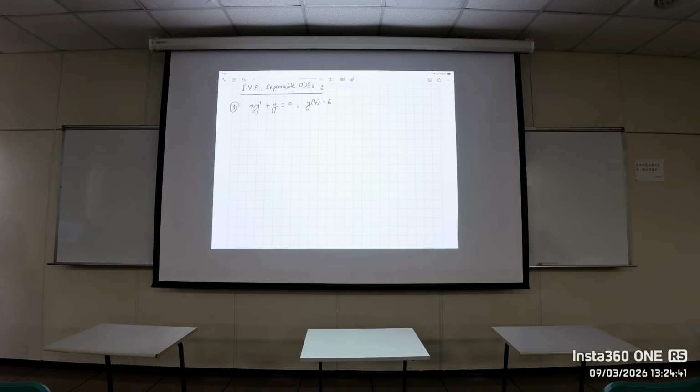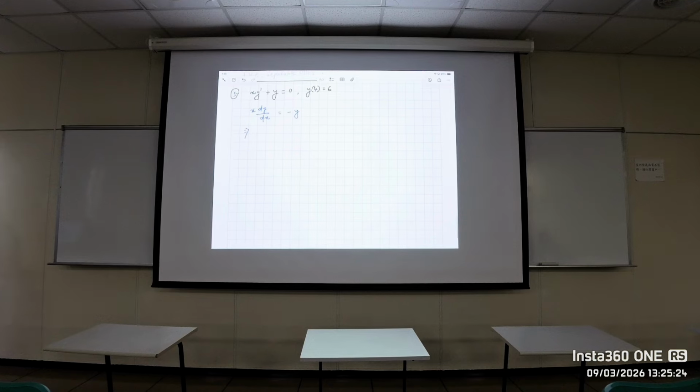So how should we proceed to solve for the general solution? We proceed with x dy by dx is equal to minus y. This is the ODE, right? So what we need to do is apply the separable method. That means we take all the y to one side, all the x to the other side.